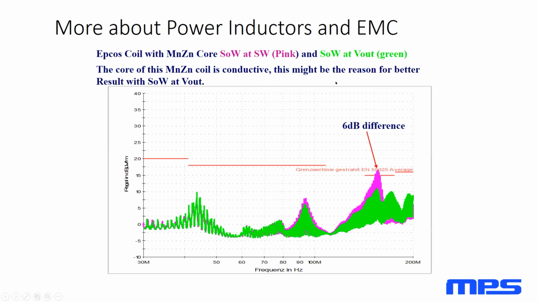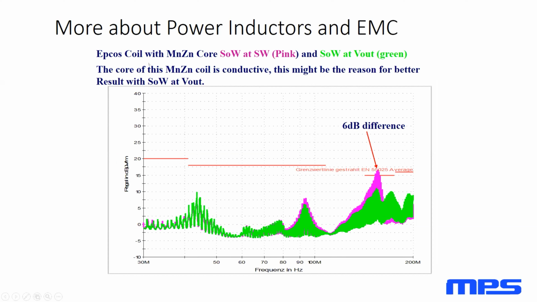Right, and even in this particular case, we have an EPCOS with a manganese zinc core, and we're looking at the start of winding at the switch node versus not. In this particular case, with this particular core on the inductor, we actually see a 6 dB difference, worse with the start of winding at the switch node.